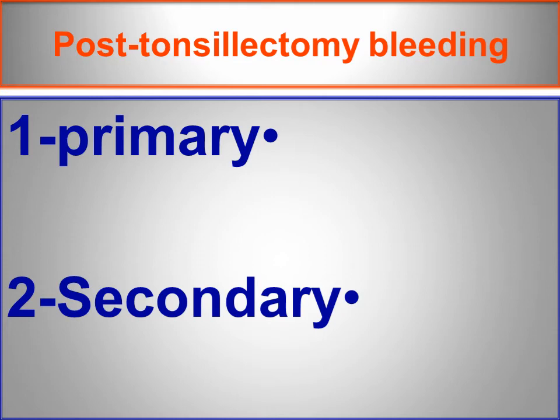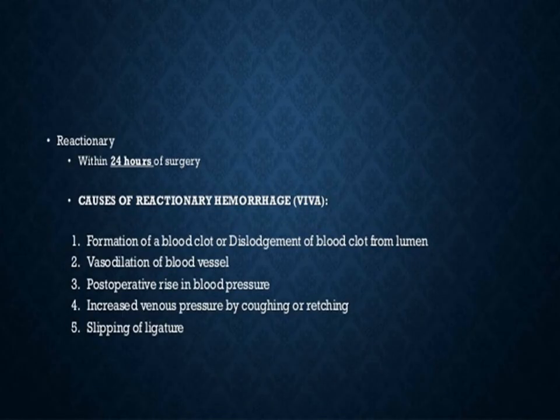The primary occurs within the first 24 hours of surgery. What are the causes of the primary or reactionary bleeding after tonsillectomy? The first one is formation or dislodgement of a blood clot from the lumen. Why?